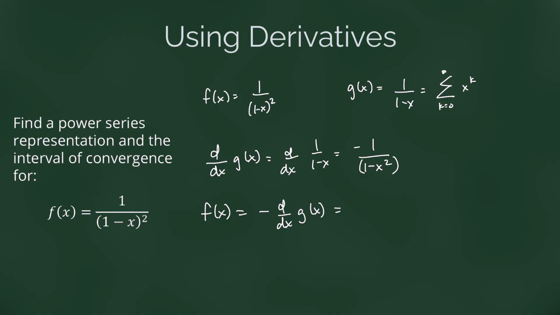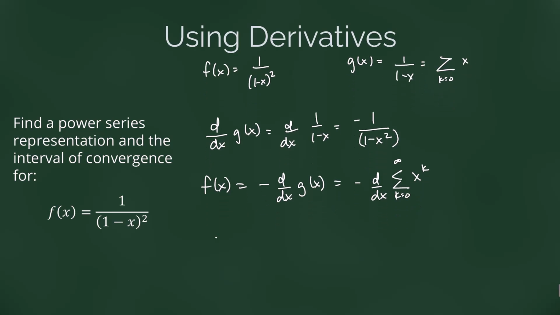But g of x is just a power series, just a sum of a bunch of terms. So this is the negative derivative of the sum from k equals 0 to infinity of x to the k. The way that derivatives and sums work, we can write that as the negative sum of the derivatives of x to the k. We know how to take those derivatives, so we get the negative sum of k times x to the k minus 1.